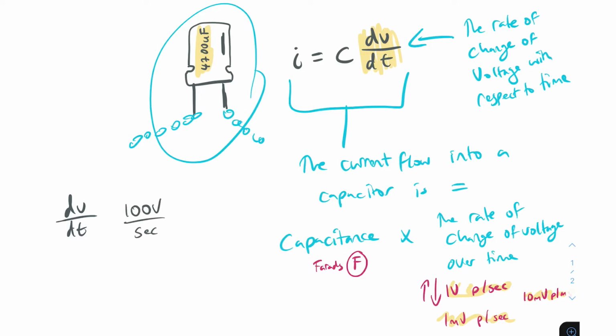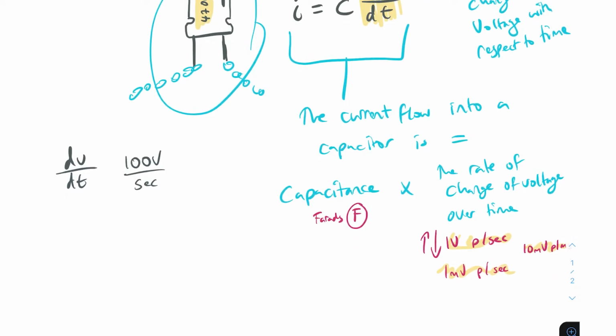If we have a capacitance value of 4,700 microfarads, we're multiplying that by 100 over 1 second.